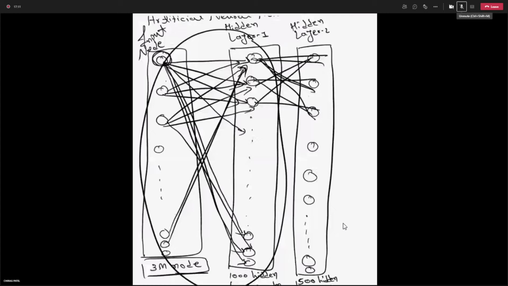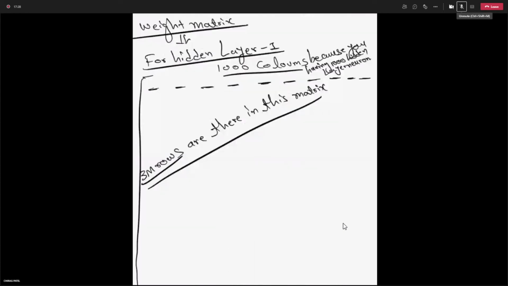When you are using gradient based learning, you are using the backpropagation algorithm to train your network. Every time you are not reaching the actual decision, till that point you need to update your weight and bias. This is only the hidden layer 1 weight matrix.